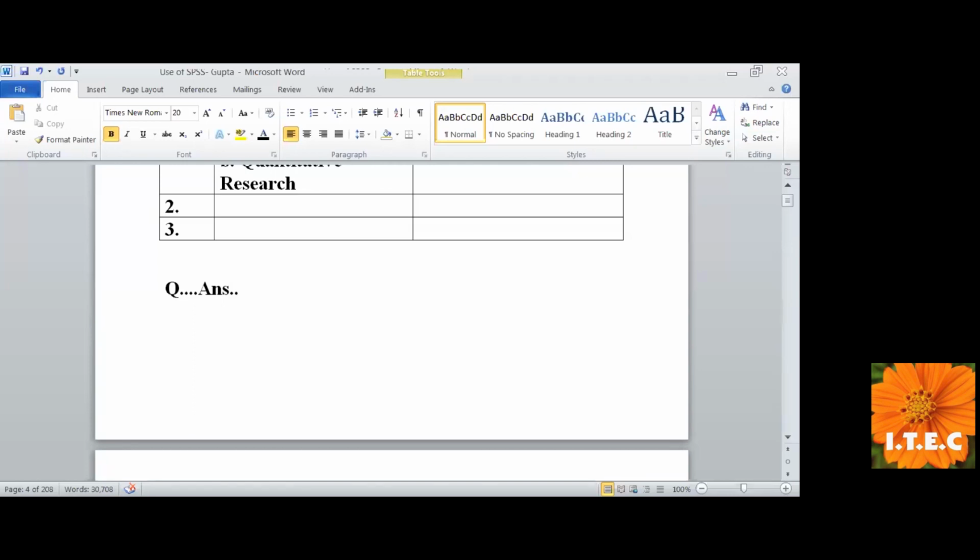But the examiner will read your answer in the light of the question, and then he may give you marks, 6 marks out of 10. That means your qualitative information is converted into quantitative.